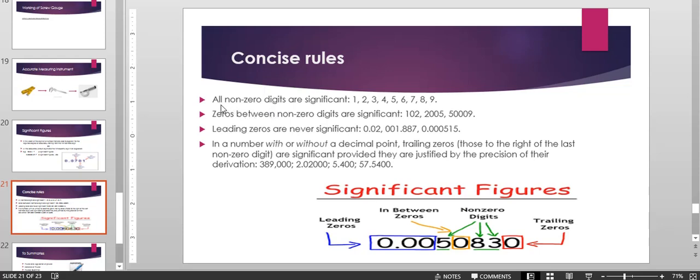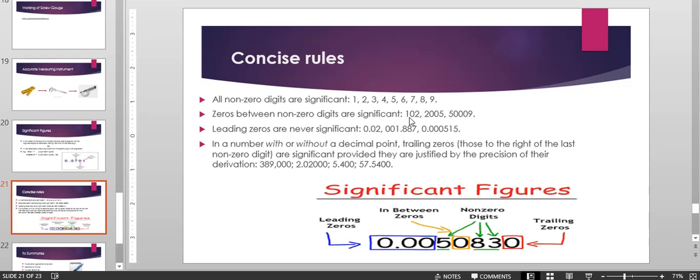Rule number 1 says all non-zero digits are significant, that range from 1 to 9. So in this we can see 5, 8 and 3. These are the non-zero digits and they are significant. Rule number 2 says 0 between non-zero digits are significant.